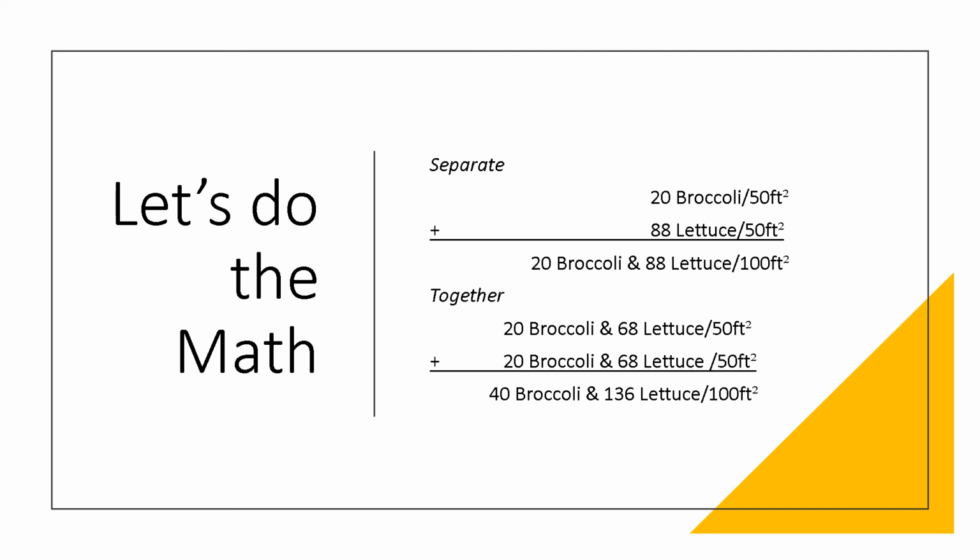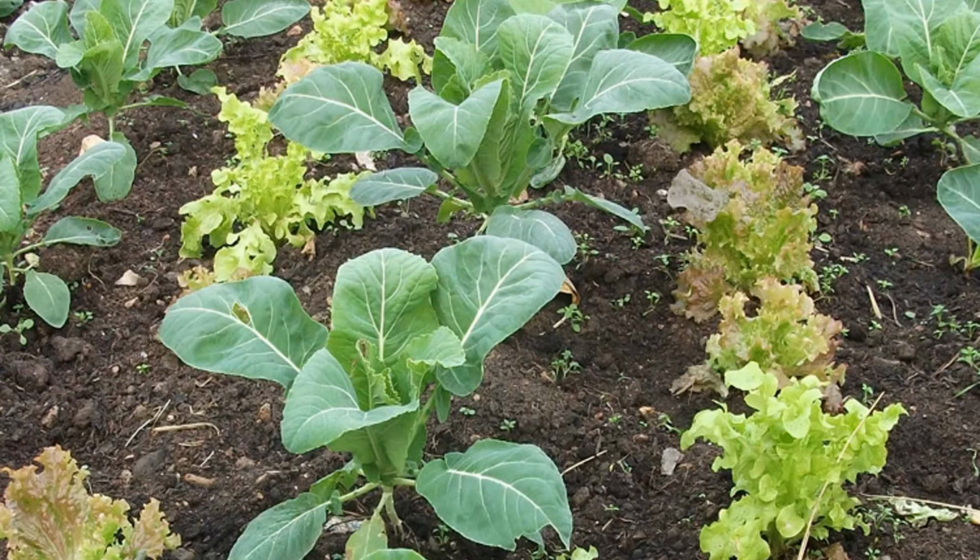It's important to do this math because it's not always the case. Sometimes when you put two things together, all you end up doing is reducing the yield for those two things. But if you can plan properly with enough observation and experience, you can see that the broccoli and the lettuce are really good ones to have as companions.